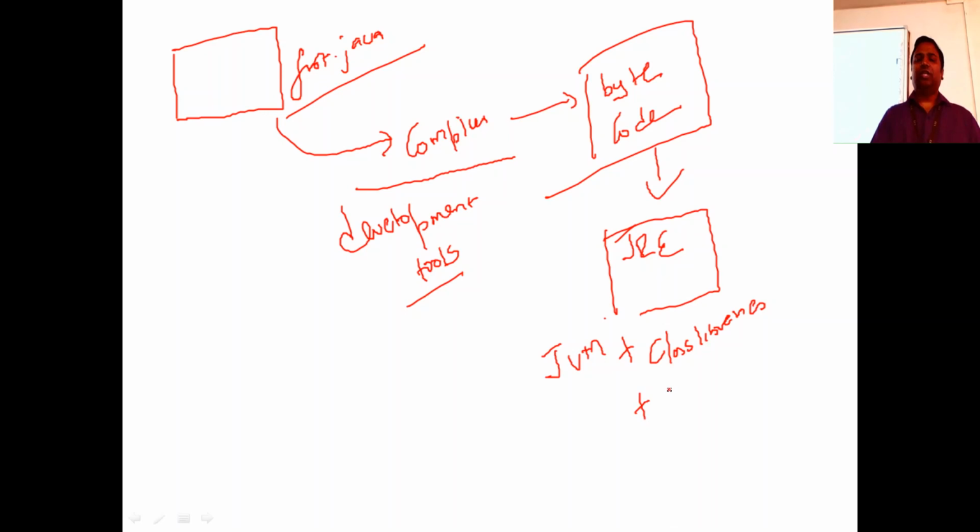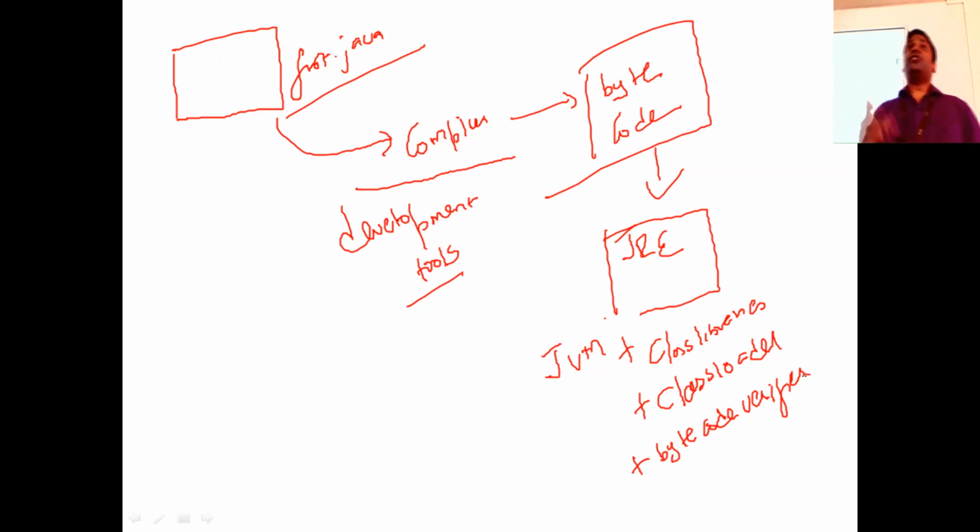All those libraries plus your Java virtual machine form your JRE, and it also consists of two more things. One is the class loader and the other is the bytecode verifier. I'll tell you what these are. Your bytecode comes in: when you compile, a dot class file is created from the dot java. So you get your bytecode as a dot class file, which is given to your Java runtime environment.